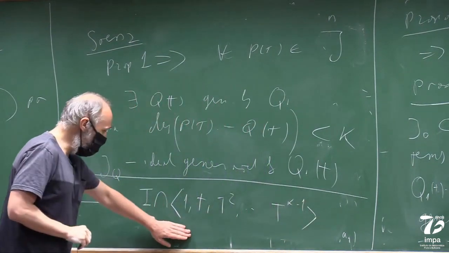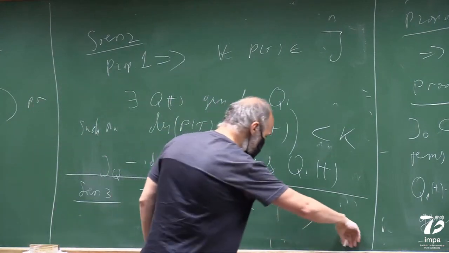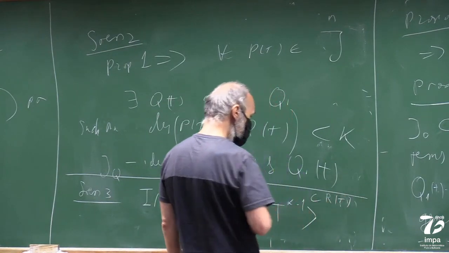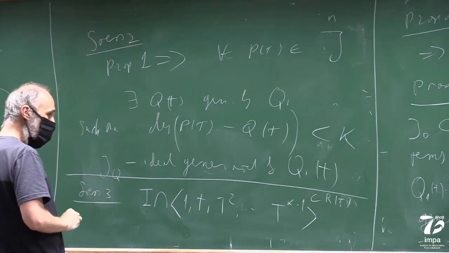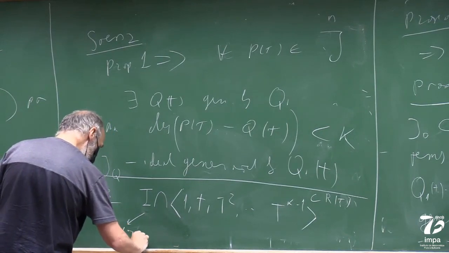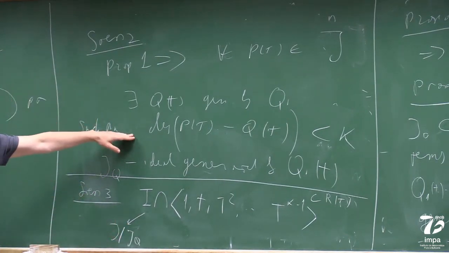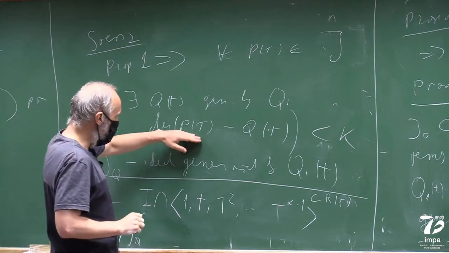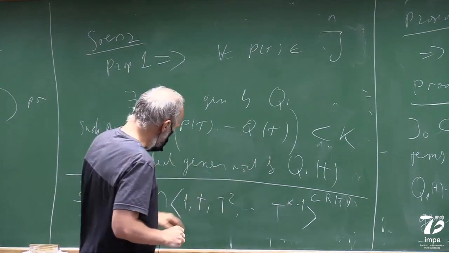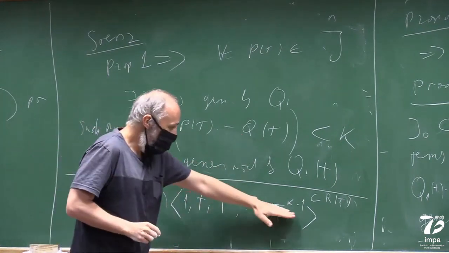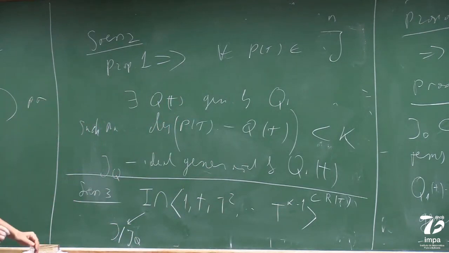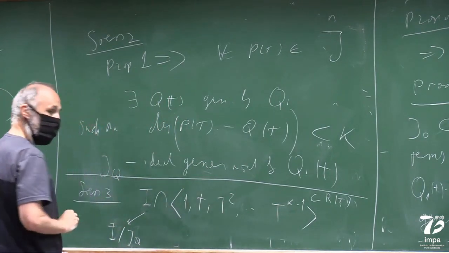This is a free R-submodule in R[t]. And this is surjectively mapped to I quotient by I_Q by this argument, because every polynomial in I, up to I_Q, comes from a polynomial of degree k minus 1. So the natural map from this to there is surjective.